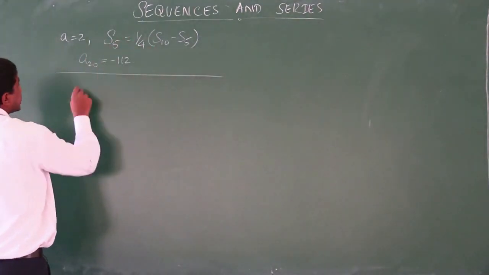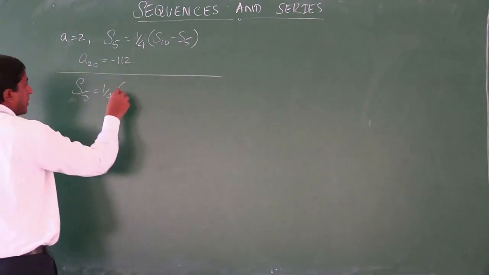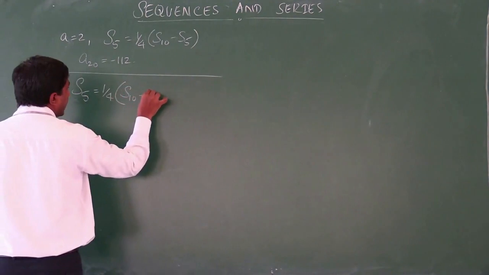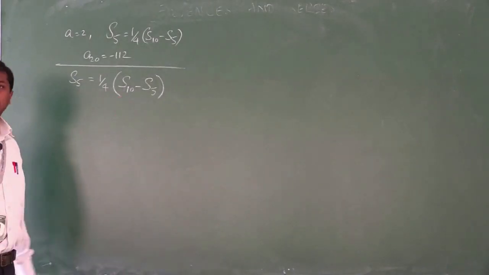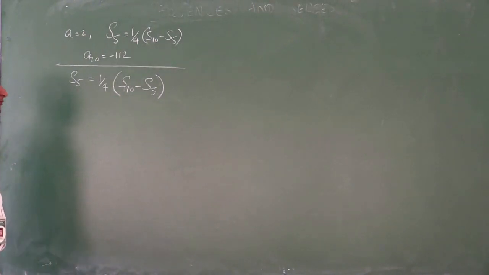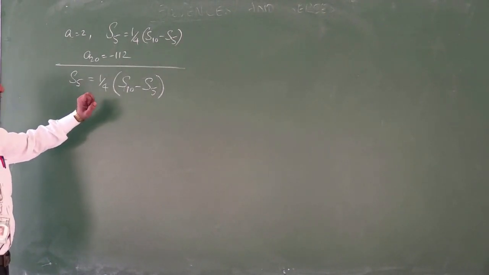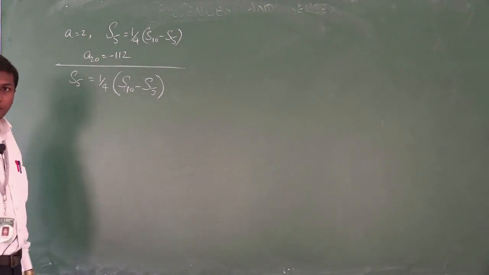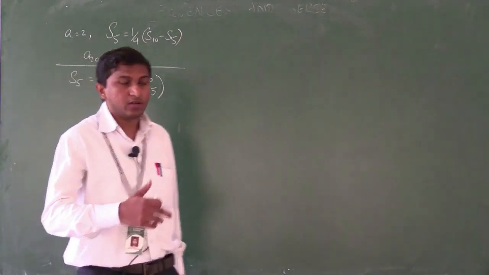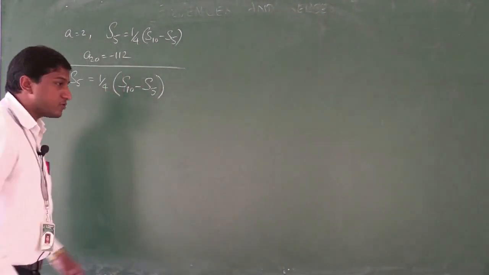From this information we will try to find out the value of D. We already have the value of A. All we have to find out is the value of D. Then substitute both values of A and D in the A20 term and prove that the 20th term is minus 112.